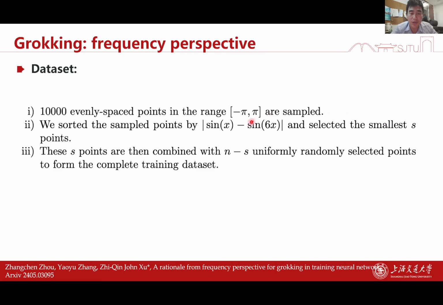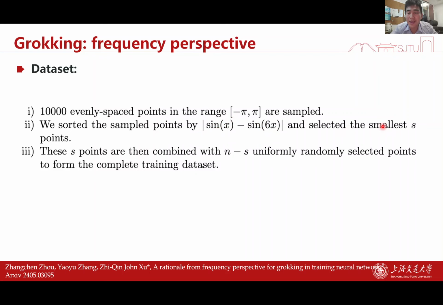It's a highly oscillating curve. At first, we sampled 10,000 evenly spaced points in the range from -pi to pi. And then we sort the samples by distance. That is, we want to find samples that are very close to sin x.